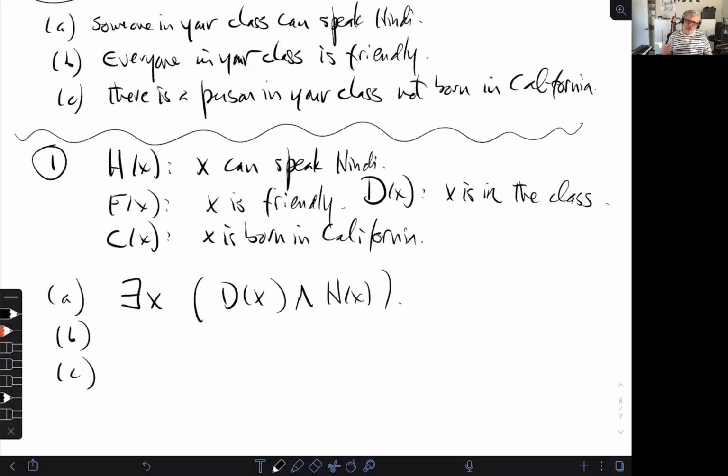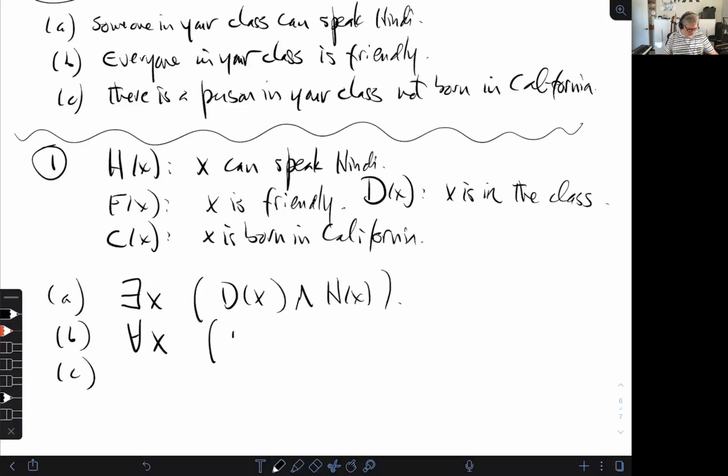B, everyone in your class is friendly. So now I have to say for every X which is in the class, this person is friendly. This is such a good example, a really good one to think about. For every X, but now I'm only quantifying over people in the class.